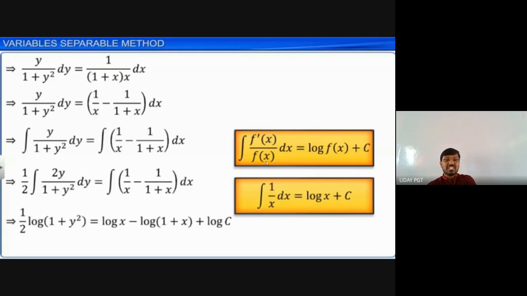It is in the form of x plus 0 into x plus a into x plus b when you use partial fractions. On the left hand side, the integration is in the form of integration of f dash of x by f of x, which equals log f of x. On the right hand side, individually, the integration of 1 by x dx is used.